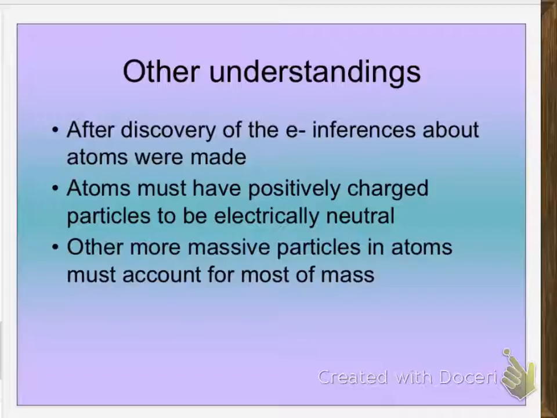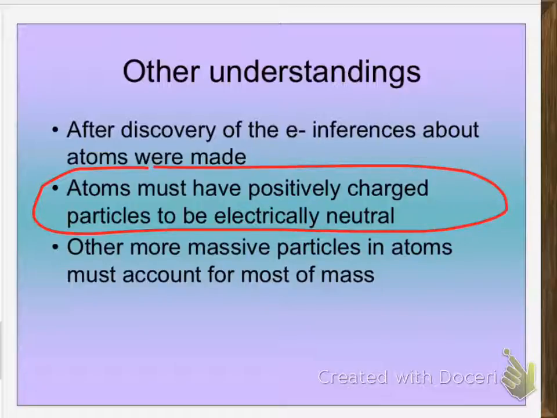So, this idea that there had to be positively charged something for the atom to be electrically neutral, Thomson's answer to that was, well, right, the batter itself, the bready part of the pudding or the muffin or the cookie, the dough, that's all positive. But there were people who were saying, well, what if they're positive particles?